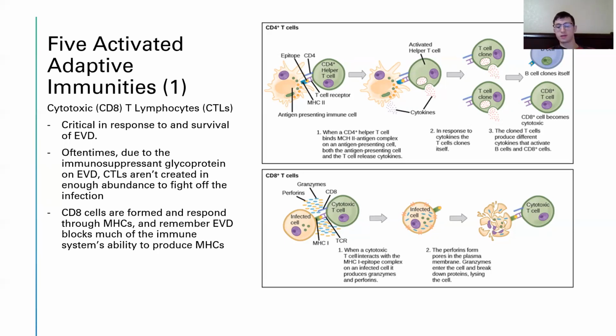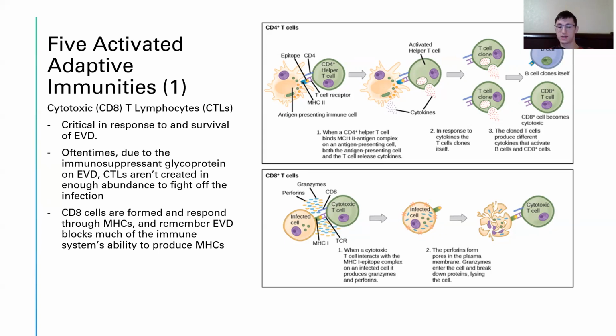So just to explain the CTL process, through the antigen presenting cell, usually a macrophage or a dendritic cell, the major histocompatibility complex 1 and 2 is usually activated and triggers CTL maturation to provide support against pathogens such as Ebola virus.